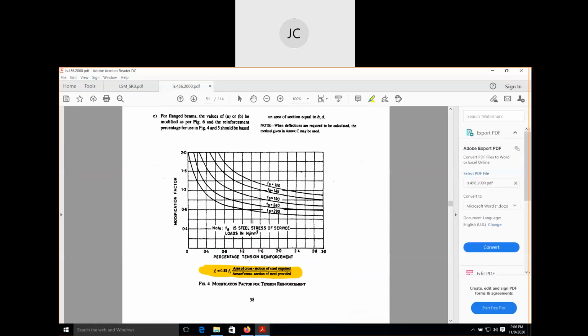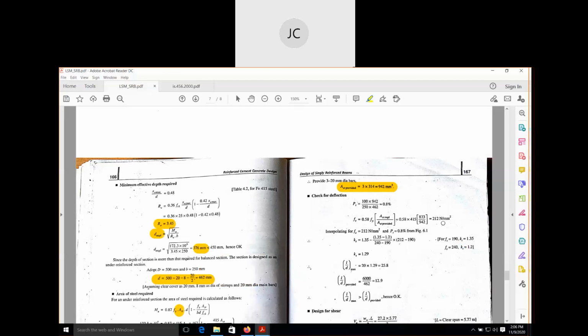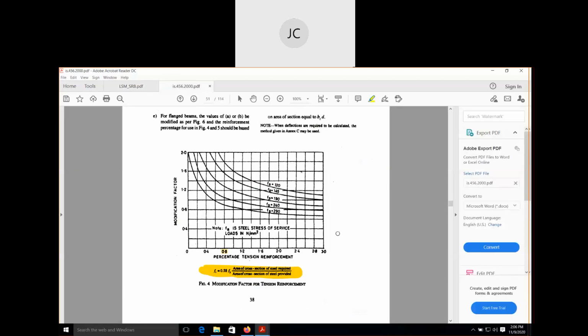You see here we have got tension reinforcement is 0.8. We have got that percentage of steel is 0.8 and Fs equal to 212. That means it will be between 190 and 240.